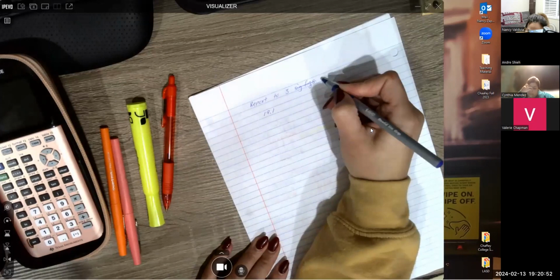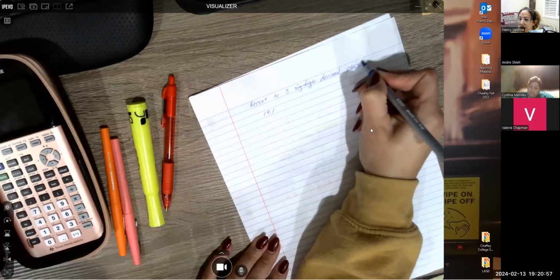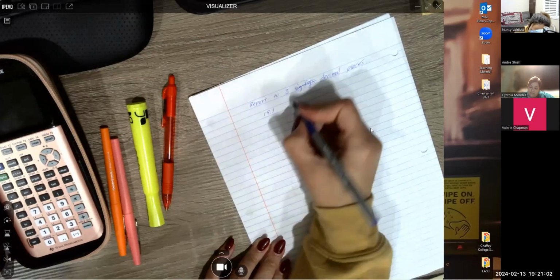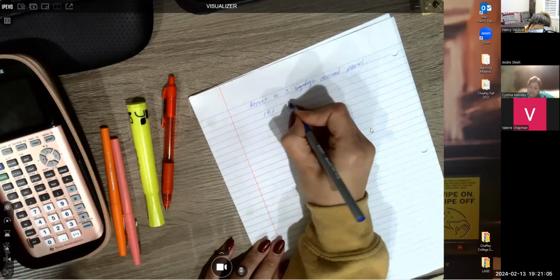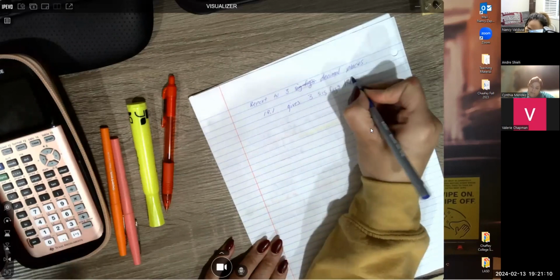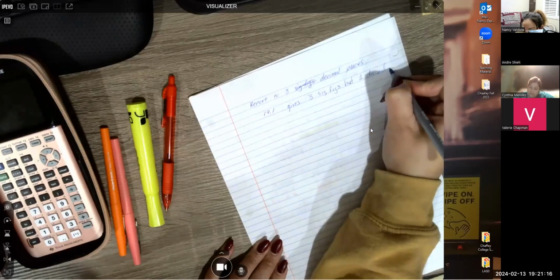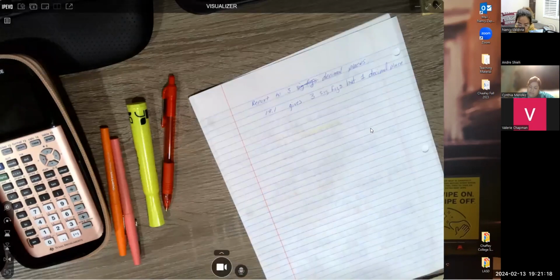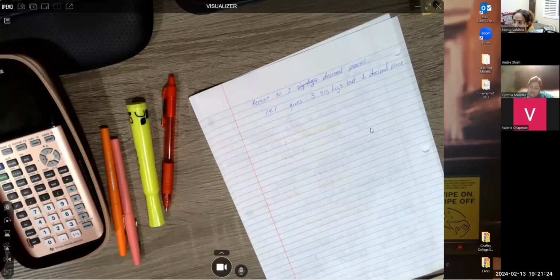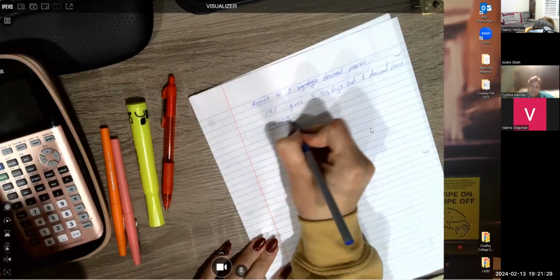It said report to 3 decimal places, which is different. 19.1 gives 3 sig figs, but only 1 decimal place. So how can I turn 19.1 into a correct answer to 3 decimal places? You would add 2 zeros at the end. Yeah, 19.100. Now that would be correct.